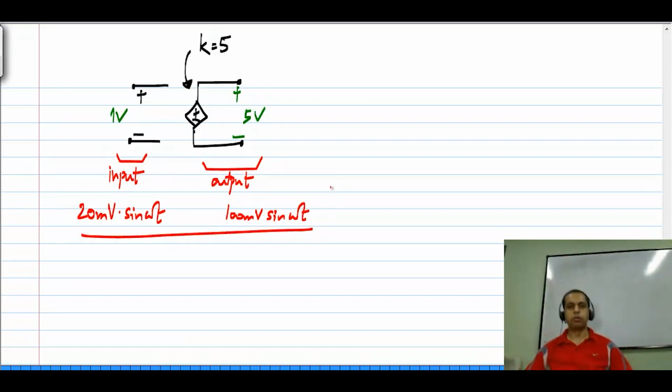So a voltage controlled voltage source is a sort of an amplifier. In fact, it will be used as a model for an amplifier. One point I want to emphasize about this control source as well as the others is that they are unilateral.